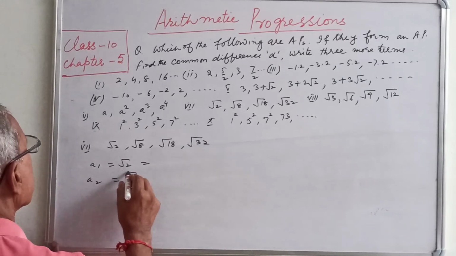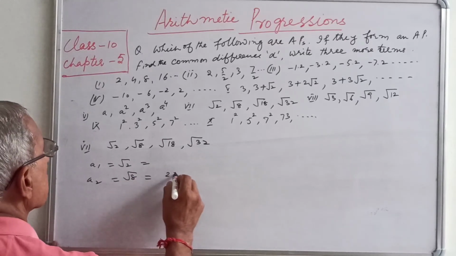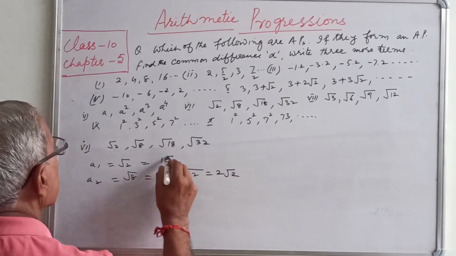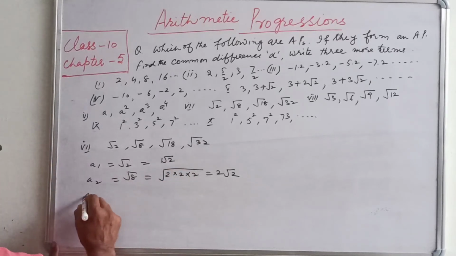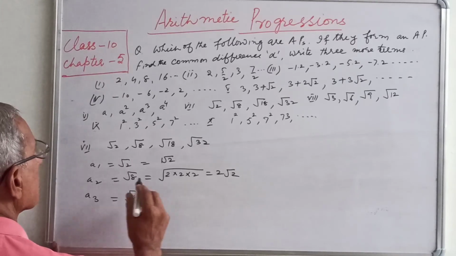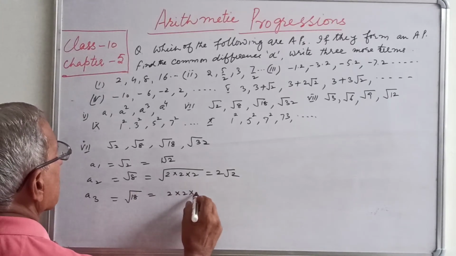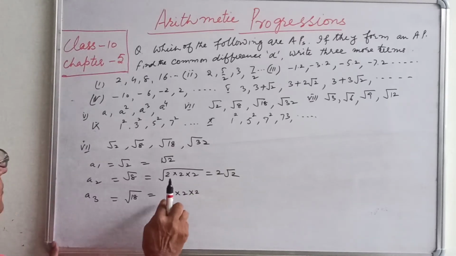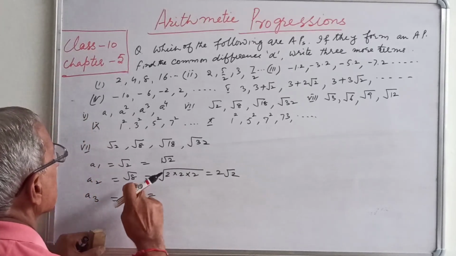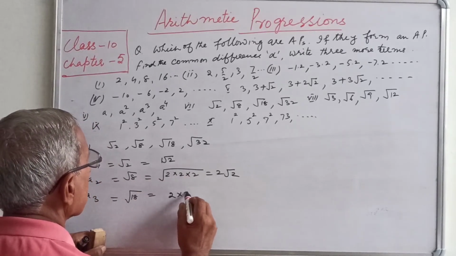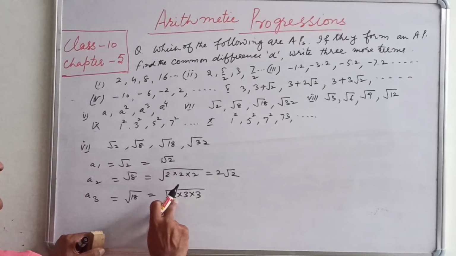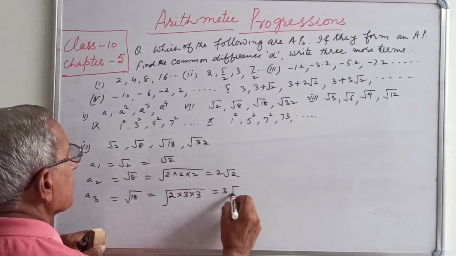A2 is root 8. Root 8 is 2 into 2 into 2, so that becomes 2 root 2. A3 is root 18, which is 2 into 3 into 3, since 3 into 3 is 9 and 9 into 2 is 18, so that becomes 3 root 2.